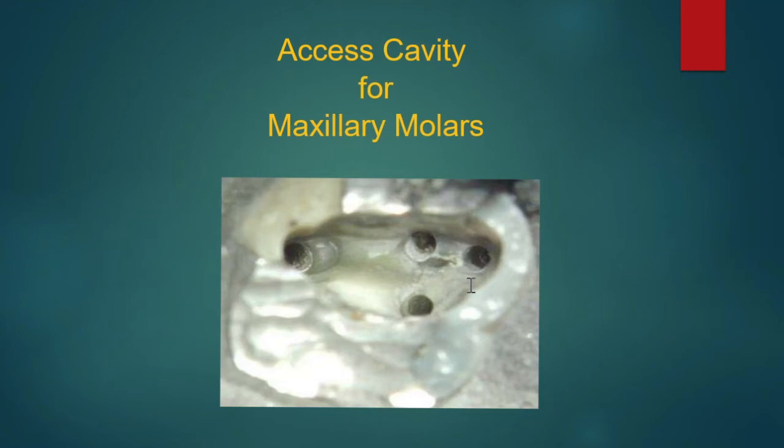During the preparation of the access cavity, we shouldn't extend to the mesial marginal ridge mesially, while during the preparation on the distal side, we can invade the mesial portion of the oblique ridge, but we should never penetrate through the ridge.